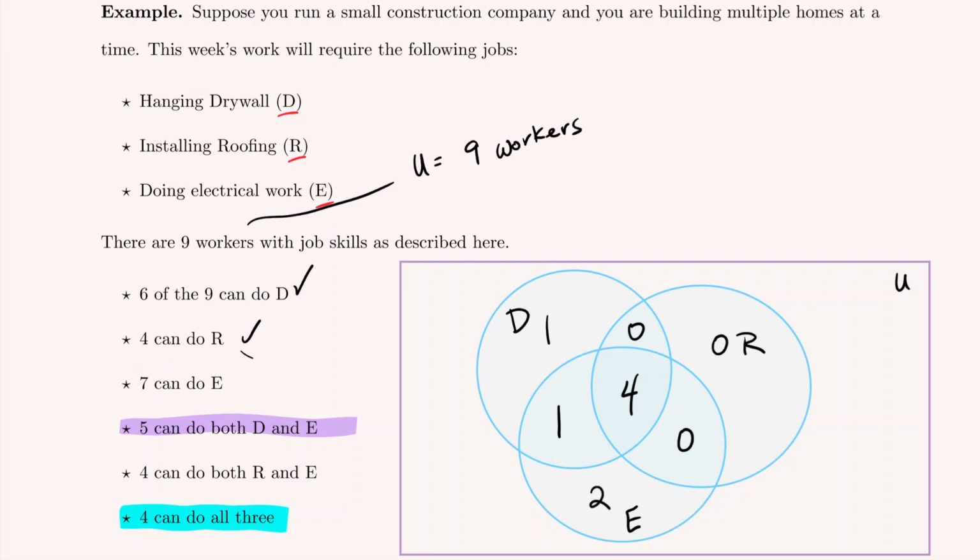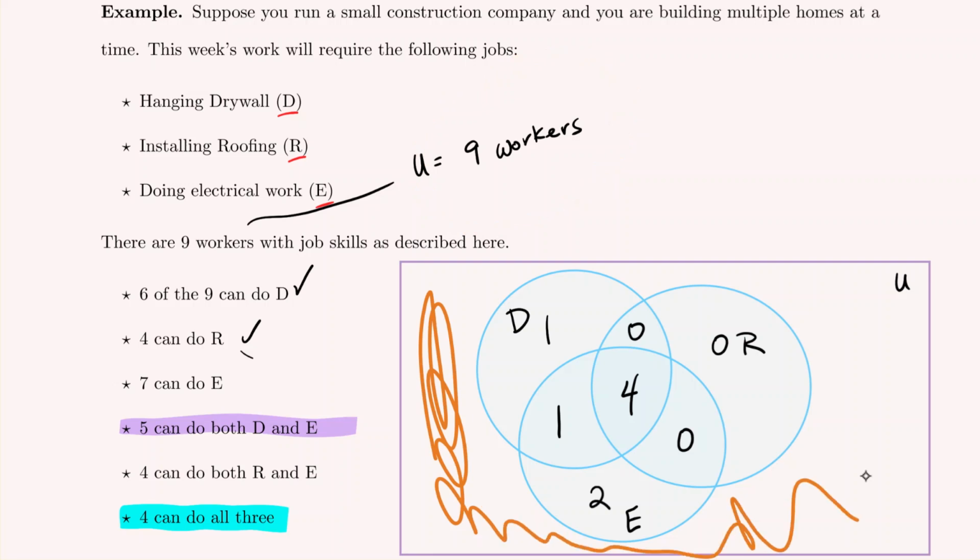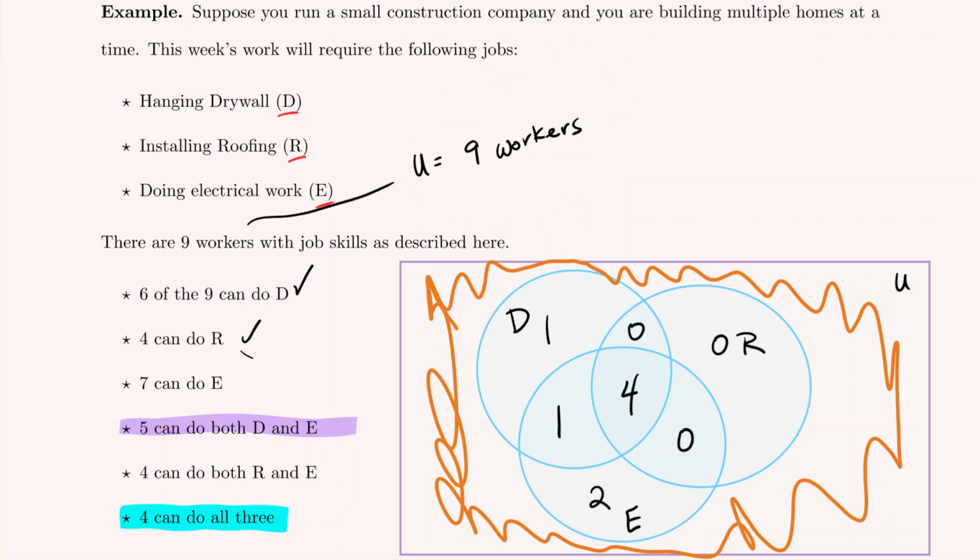So we've carefully worked from the most restricted sections, working our way out. We have dealt with anybody who raised their hand that said they could do drywall, roofing, or electrical. Now we know in total there's 9 workers. So the next stage is we have to count and see, does anybody belong to this outer section, in which case they did not raise their hand for drywall, roofing, or electrical.